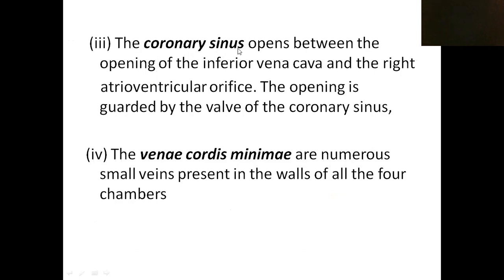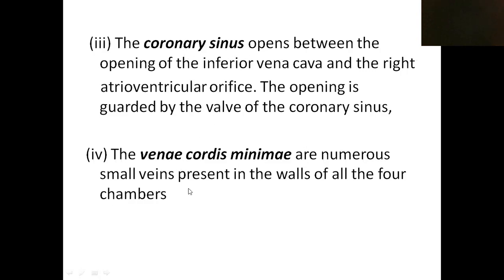Coronary arteries are the arteries that supply the heart, while the coronary sinus is one of the coronary veins, and it also drains into the right atrium. So on the posterior wall we can see this opening of the coronary sinus.